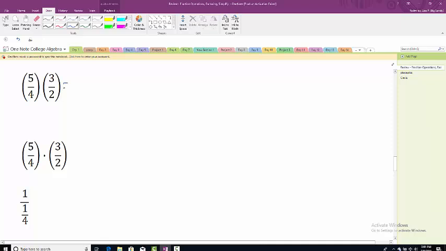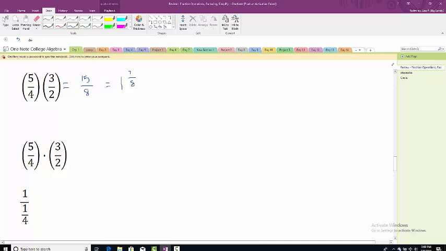But again, same idea, you multiply the top numbers and then you multiply the bottom numbers, and so then you can keep it in this form since this is simplified, or you can change it into a mixed number or a decimal.